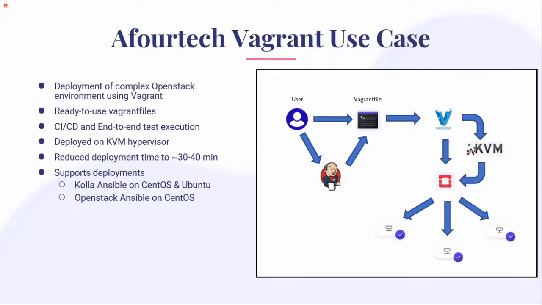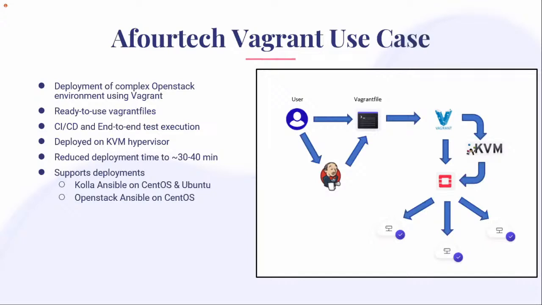A typical deployment of these complex OpenStack environments could take probably a few hours, but using Vagrant, it is reduced to 30 to 40 minutes, and within those 30 to 40 minutes, it will give you exactly the same OpenStack configuration.